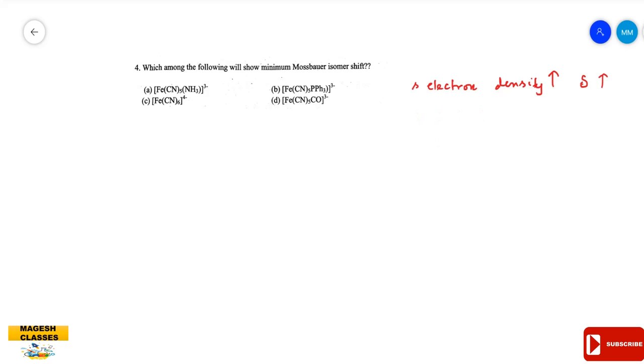As the d electrons increase, the shielding of s electrons also increases, and so the s electron density decreases. So the negative shift also decreases. Here the first complex is in the plus 3 state d5 system, then plus 2 state d4 system, and plus 3 d5 system.